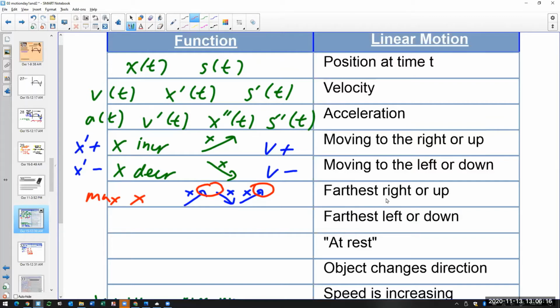If I have my x, so x is the position, you agree? So if I'm at, let's say, x 1, 2, 3, 4, turn around, 3, 2, 1, 0, negative 1, negative 2, turn around, negative 1, 0, 1, 2, 3, 4, 5, 6, 7, turn around, 6, 5, 4. When was I furthest to the right? Isn't that my biggest x?